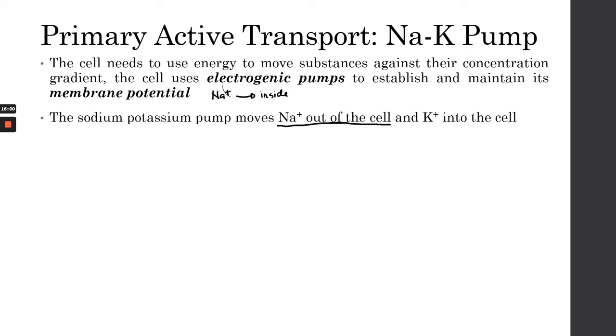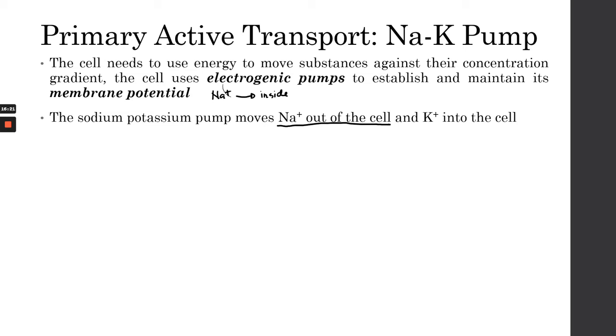yung very high concentration ng potassium inside. Dahil mas mataas yung concentration ng potassium, naturally nalalabas yung potassium sa ECF kasi from high concentration to low concentration, tama?